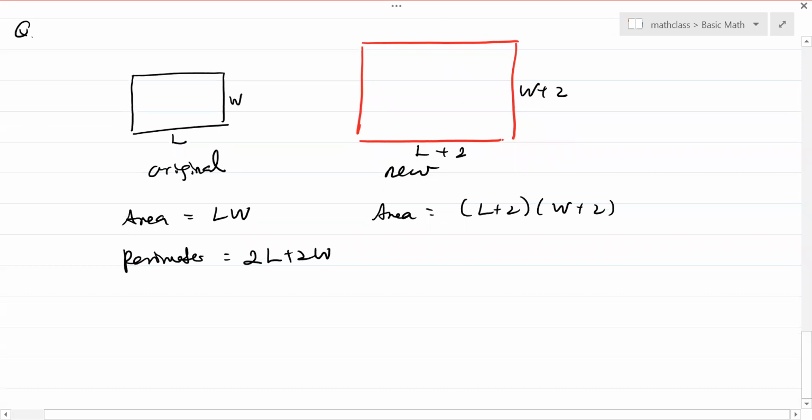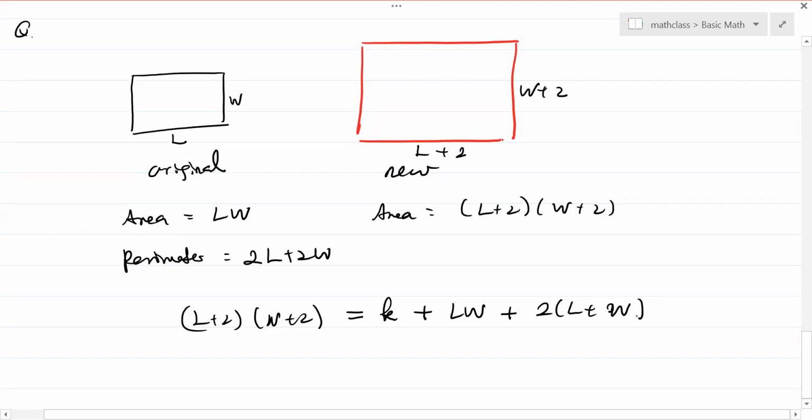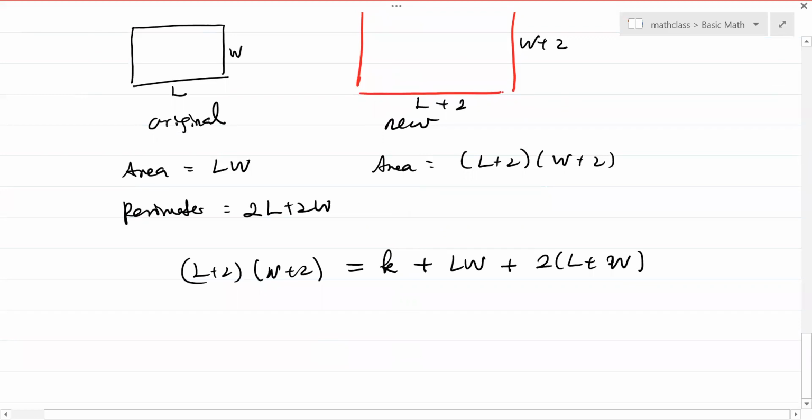All right, so now as the statement says, the area of the new rectangle, L plus 2 times W plus 2, is equal to K more than the sum of the numerical values of the original rectangle's area, LW, plus the perimeter, okay? Right, that's it. So you write down this equation, then you solve the problem, trying to find the K, if possible.